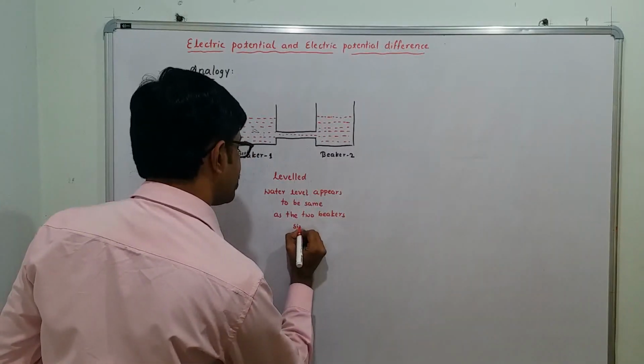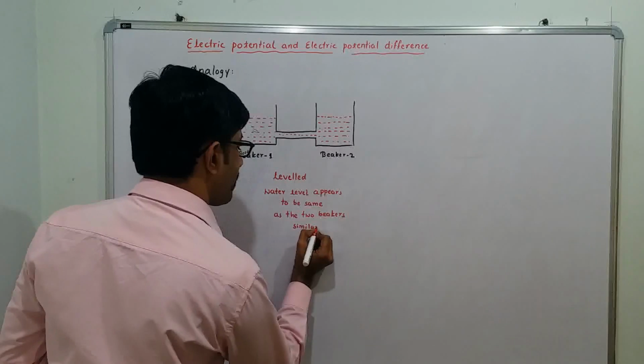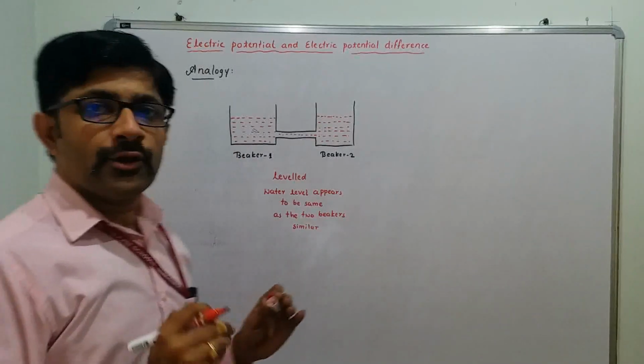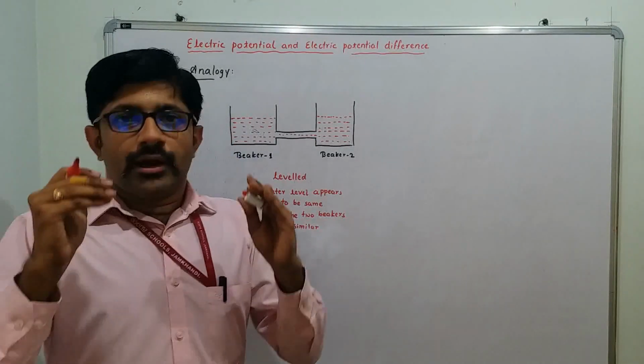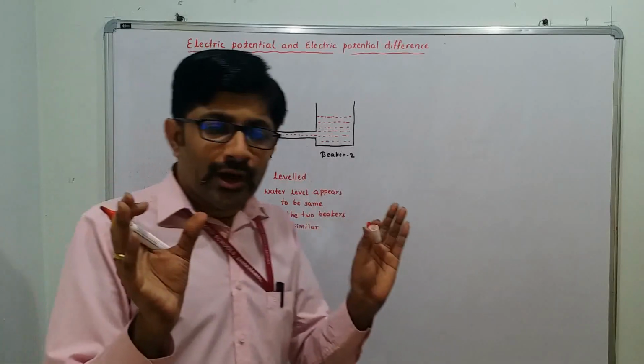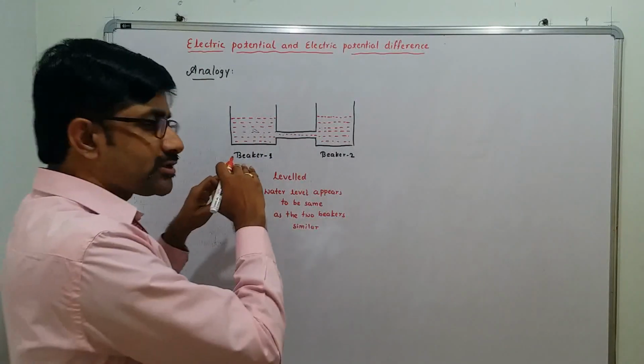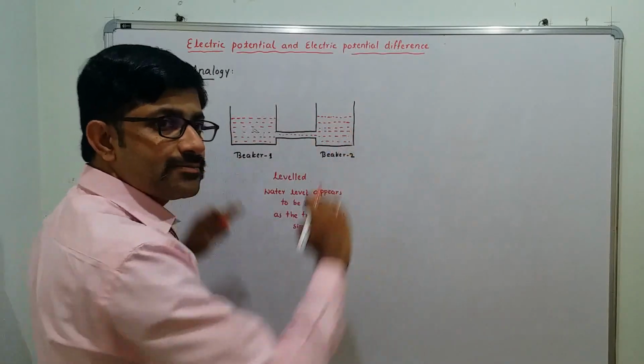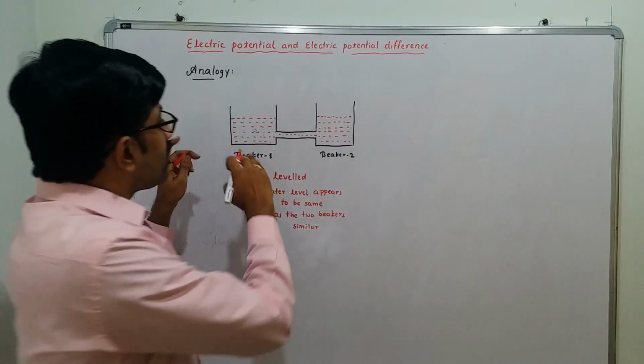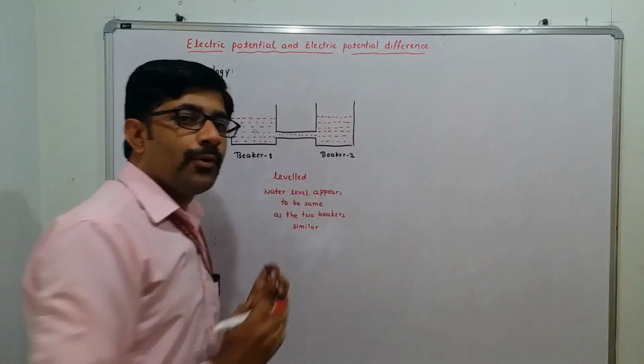Whenever you add the water, the two ideal beakers are connected by a pipe, so it flattens, which means it balances on both sides.